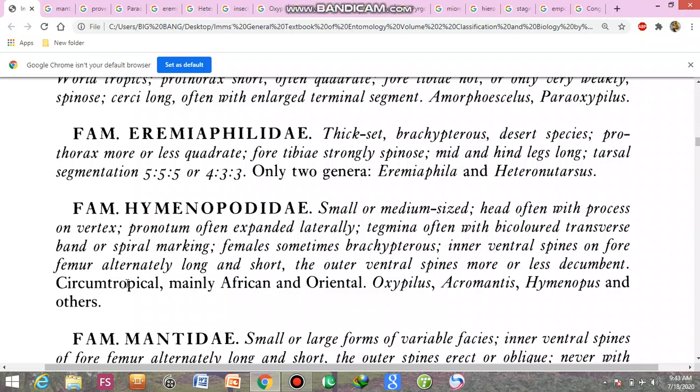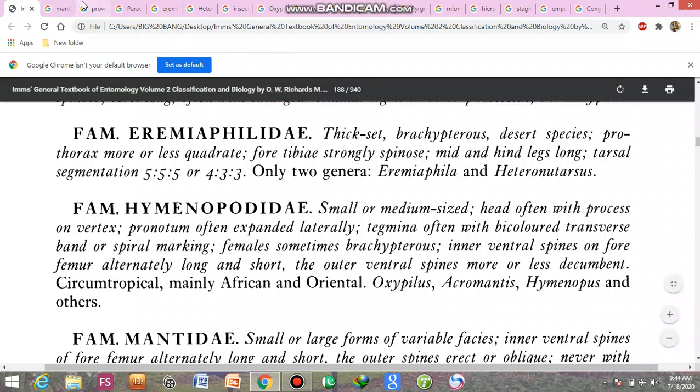Circumtropical means they are present in tropical environments. Those areas have a tropical environment which are located around the equator, mainly African and Oriental. Oxypilus, Acromantis, Hymenopus, and others.